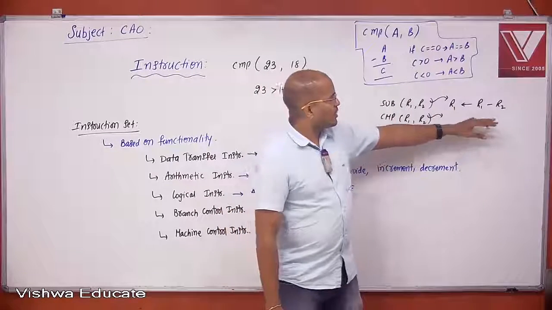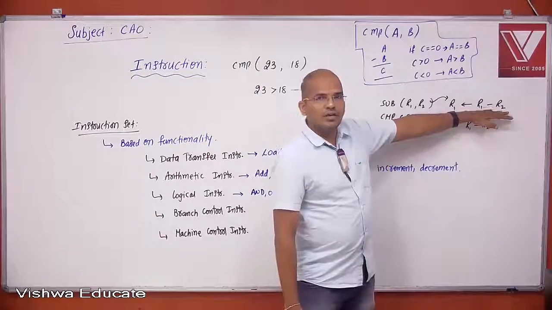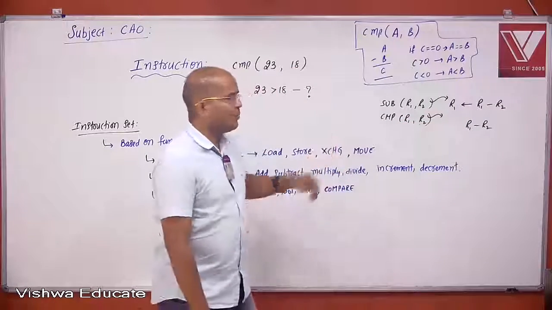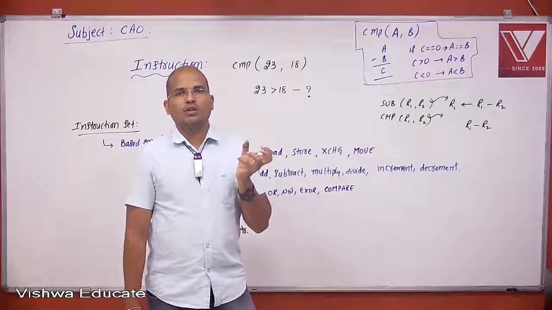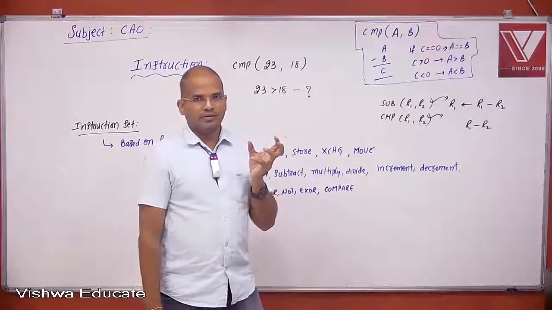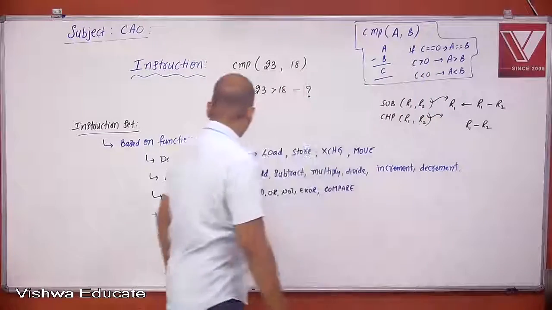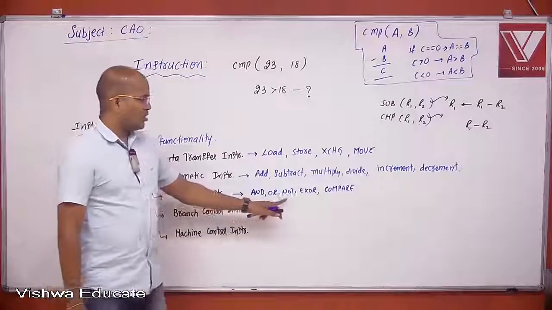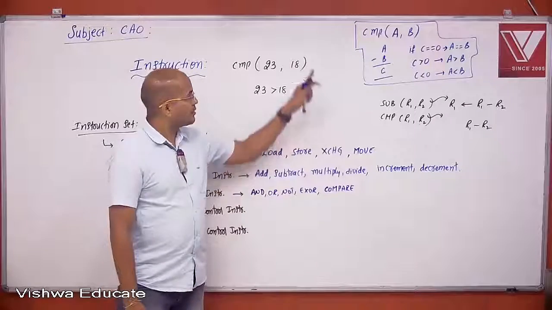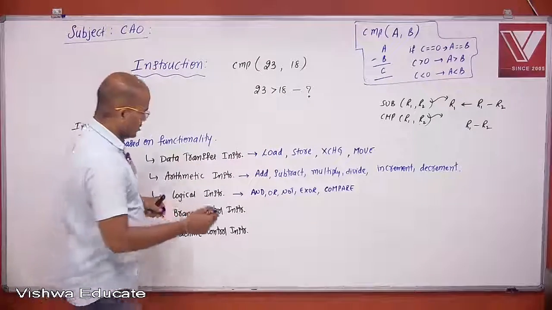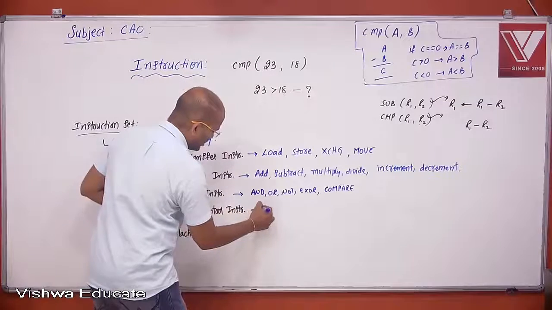So in subtraction the initial value of R1 is lost and in compare the value is not lost. Keep that in your brain. And then we perform AND, OR, NOT, XOR and compare. Compare is that.